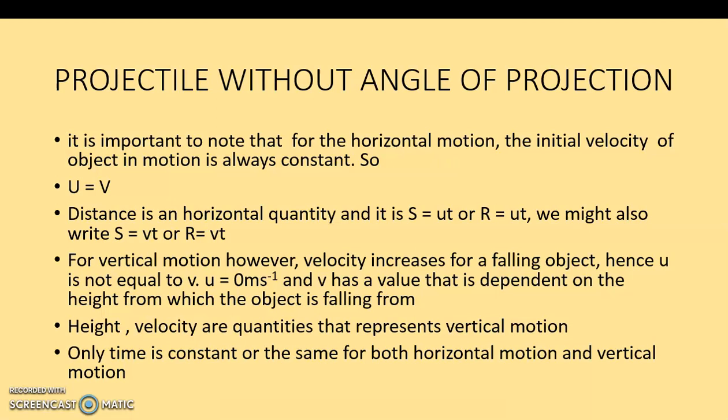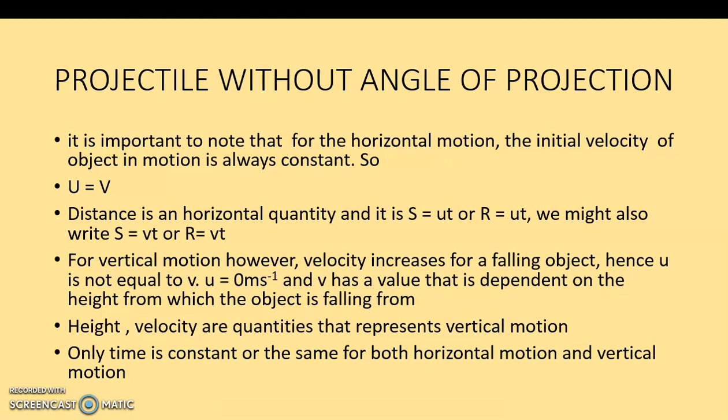For vertical motion, however, velocity increases for a falling object. Hence, initial velocity U is not equal to final velocity V. U is always 0 meters per second and the final velocity is dependent on the height from which the object is falling. If the height is small, then V is going to have a small value.